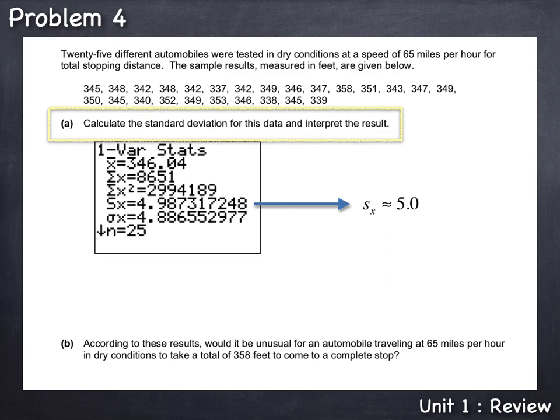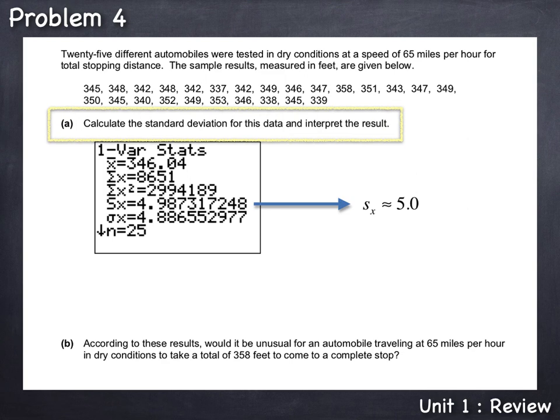An interpretation provides meaning for this result. So our sample standard deviation of 5.0 needs to be interpreted in words of the problem. First of all, the units. This is 5.0 feet because the stopping distance was measured in feet. And then we have to know what a standard deviation is measuring.